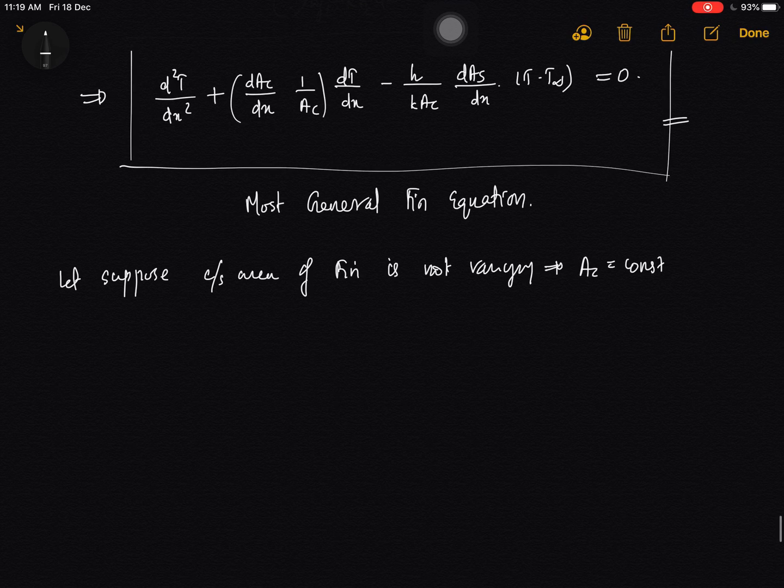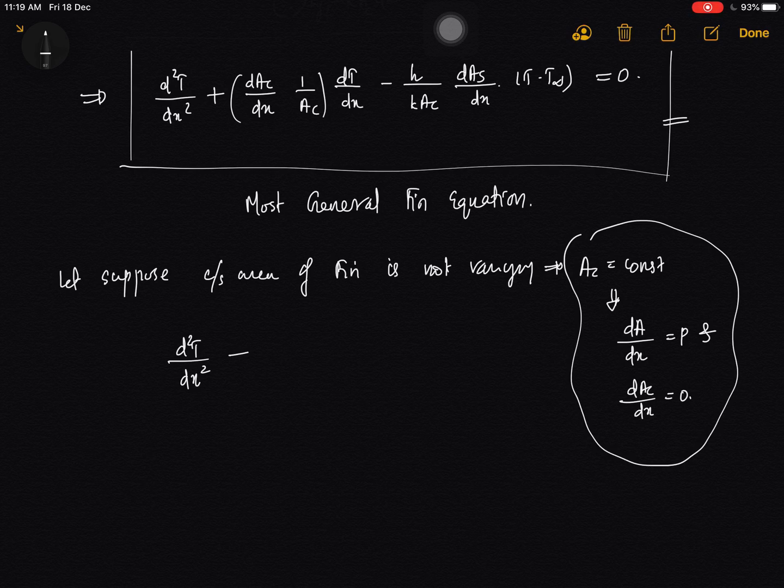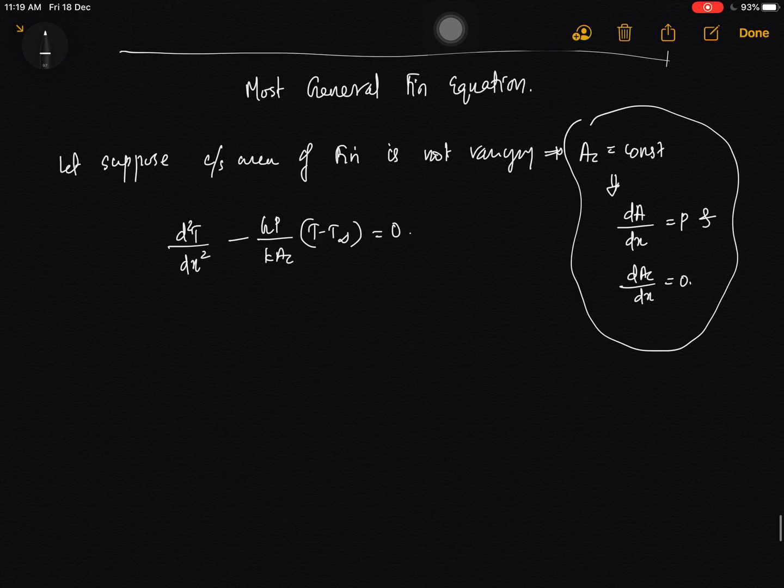For fins in which the cross-sectional area is constant, we can rewrite this entire equation as d²T/dx² minus, with the dAc/dx term being 0, and dAs/dx being the perimeter P, for this constant area condition, we can rewrite this equation as minus (hP/(k Ac)) into (T minus T infinity) equals 0.